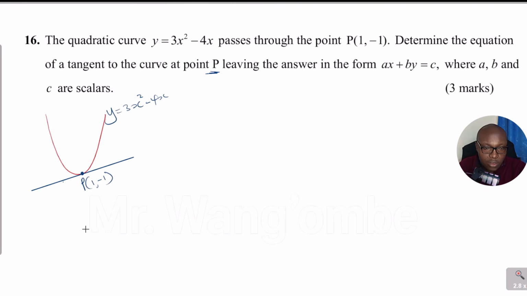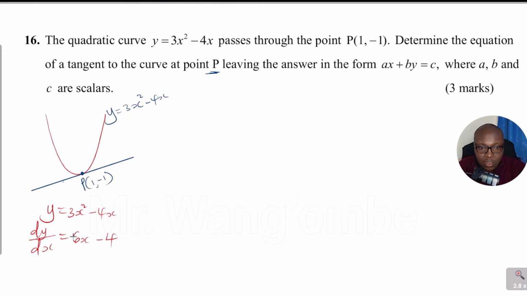Given the equation y equals 3x squared minus 4x, we get the gradient function by simply differentiating this function with respect to x. Differentiating 3x squared gives 6x, then differentiating 4x gives 4.